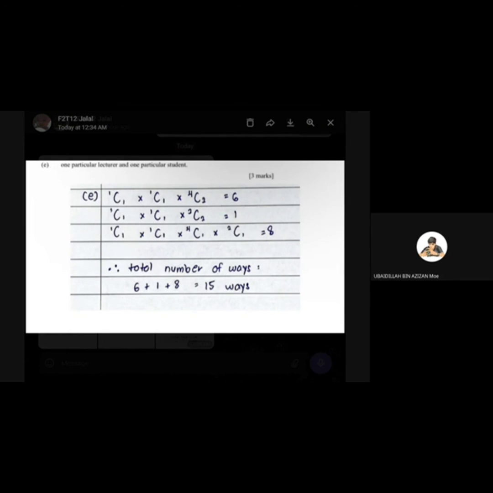Next is 1C1 times 1C1 times 2C2, which is equal to 1. And then 1C1 times 1C1 times 4C1 times 2C1 equal to 8. The total number of ways is 6 plus 1 plus 8 equal to 15 ways.